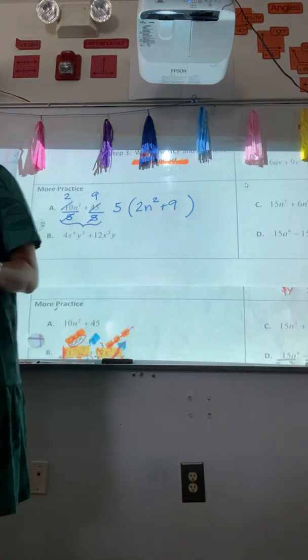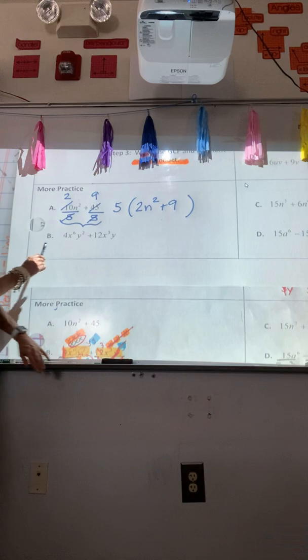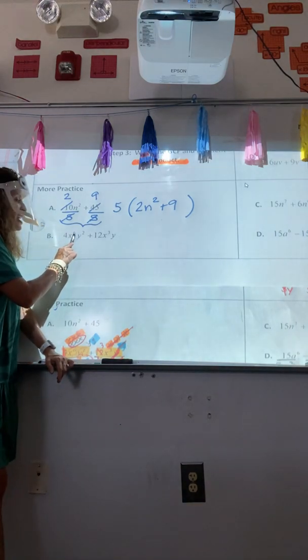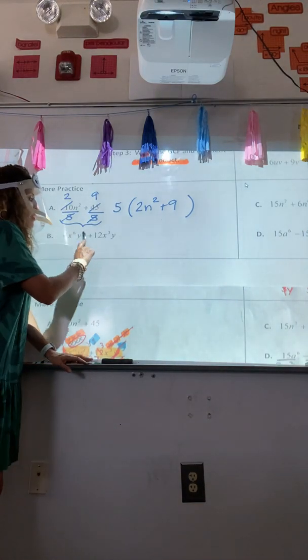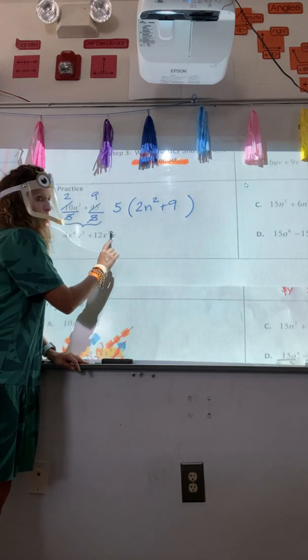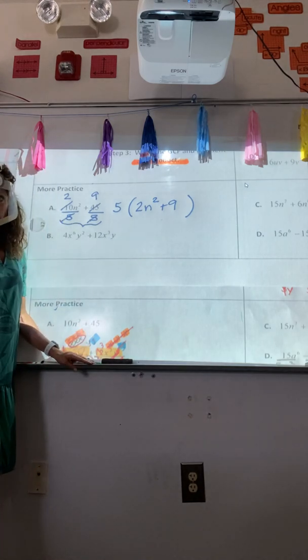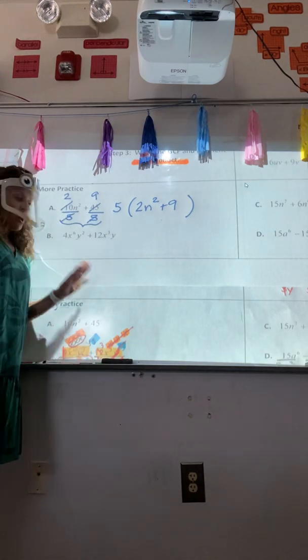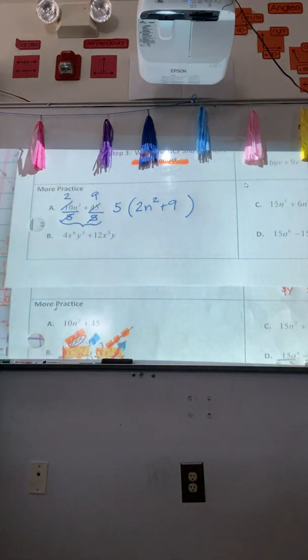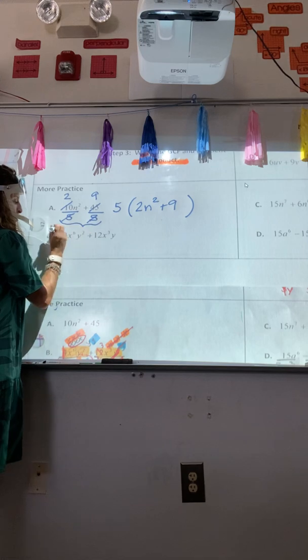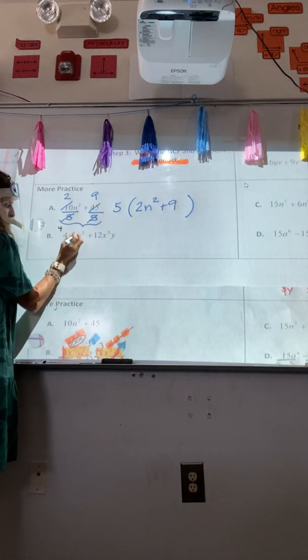Okay, so look at part B. Looks a little bit scarier, doesn't it? So part B, 4x to the 6th y squared, 12x cubed y. Does that look a little scary? Now, before we get all nervous, remember, that is 4.